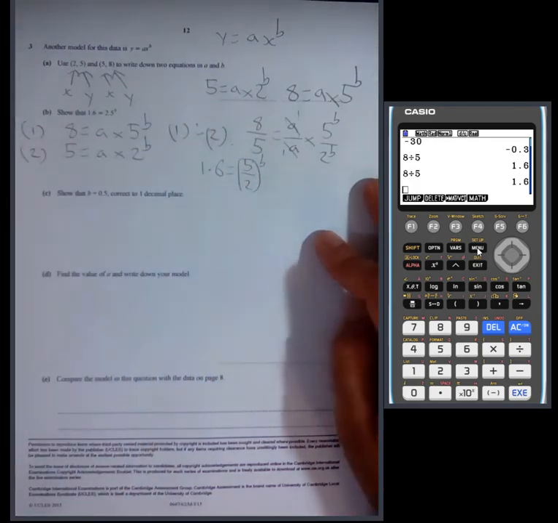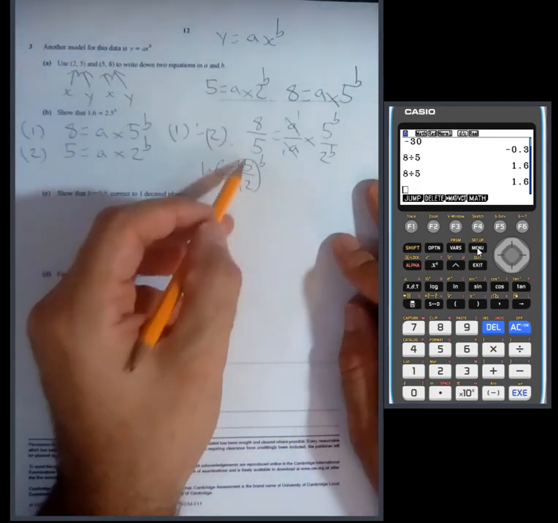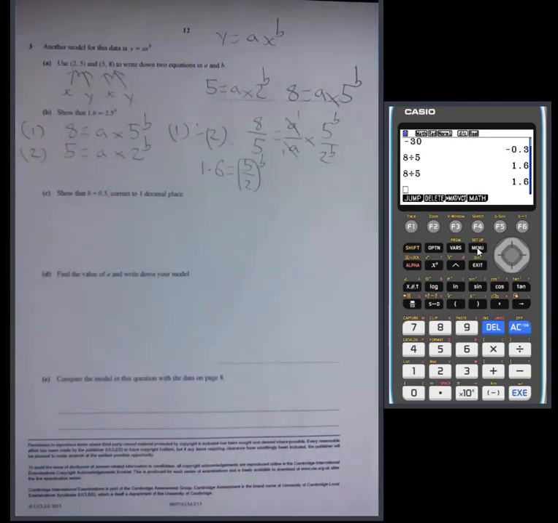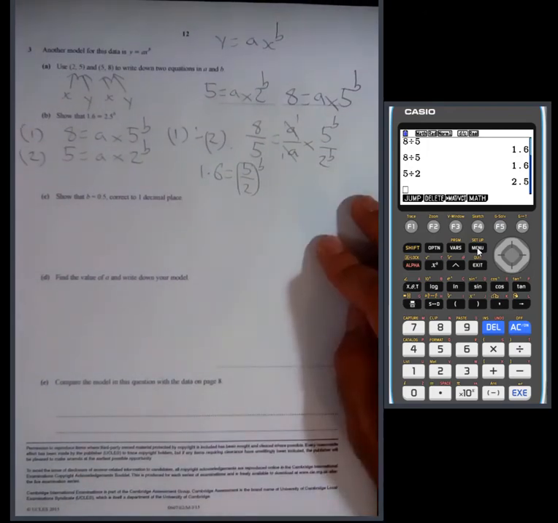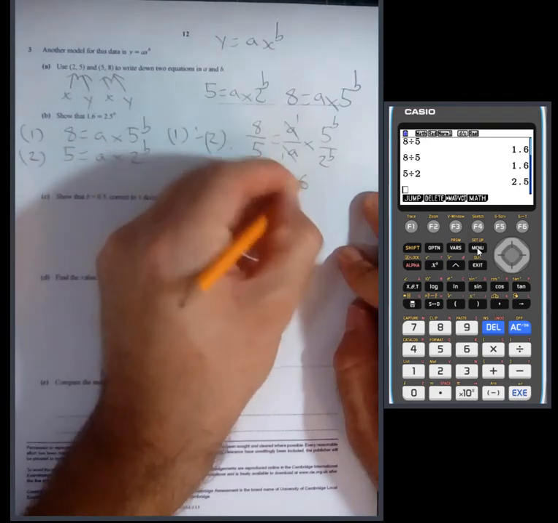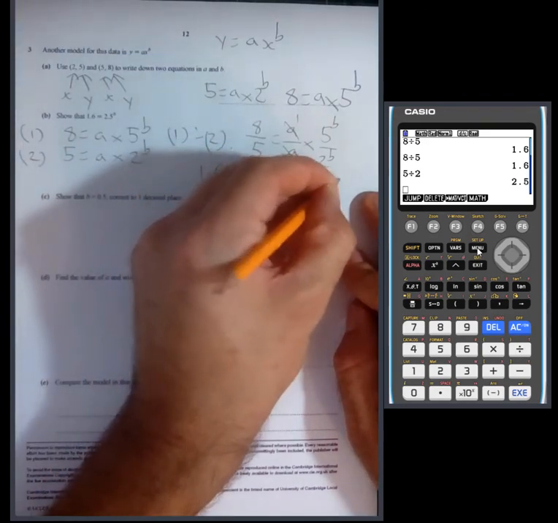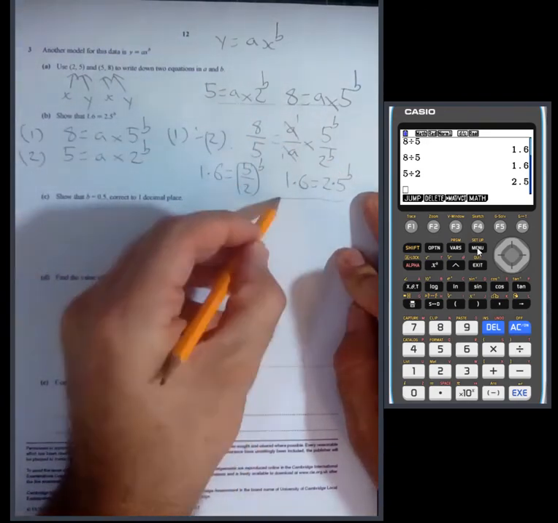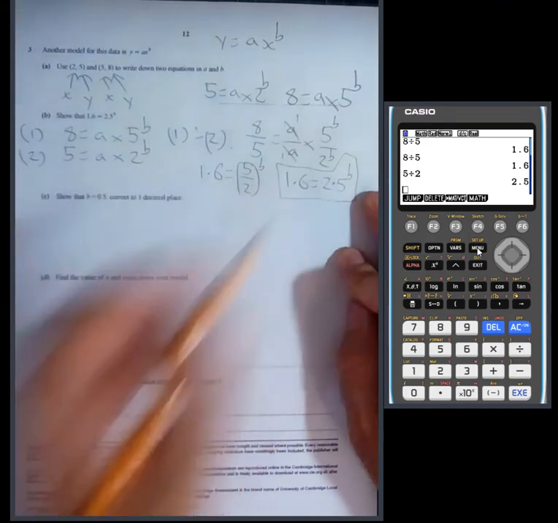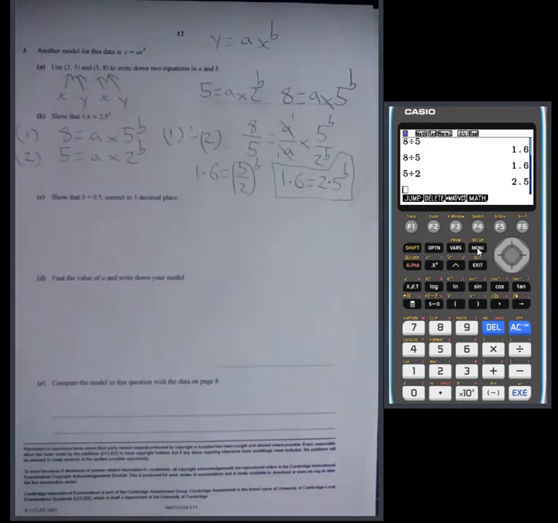I'm just using a power law. 5 over 2 is 2.5, just to prove it. So now we have been asked to show that 1.6 equals 2.5 to the b, so 1.6 does equal 2.5 to the b. So hopefully you'll remember this. If nothing else, remember when you get two nasty looking simultaneous equations, you can divide one by the other.